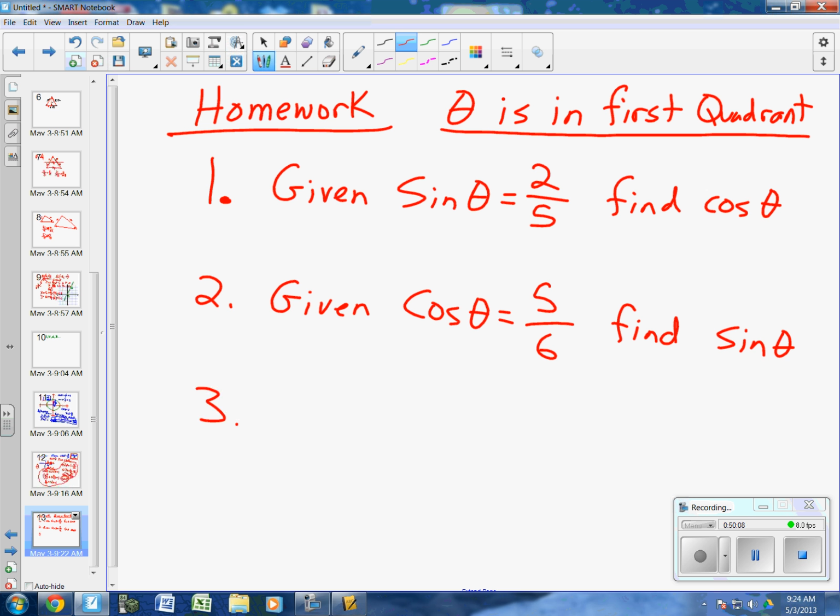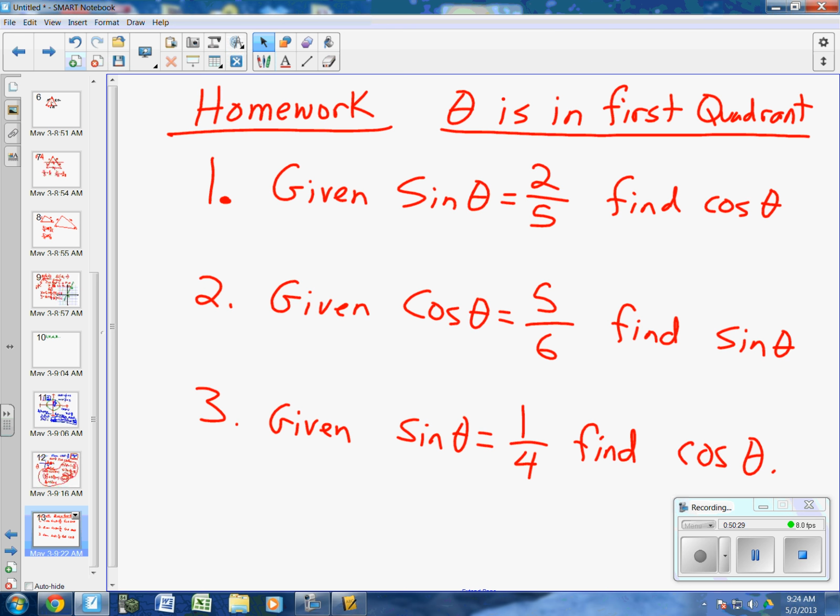I didn't even need to show you that tangent one. Okay, given sine of theta equals 1/4, find cosine of theta. That is your homework assignment.